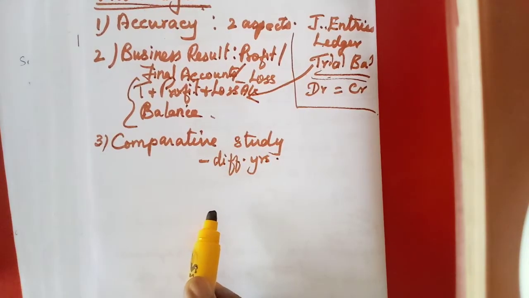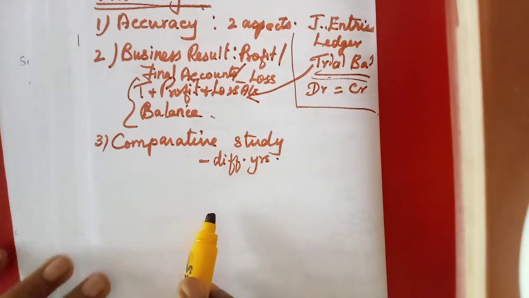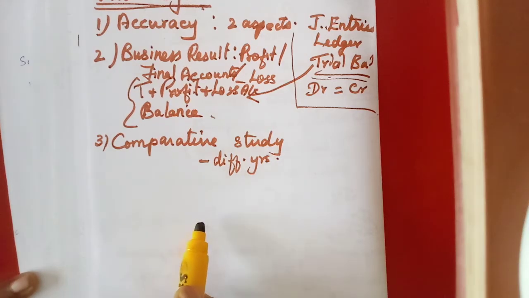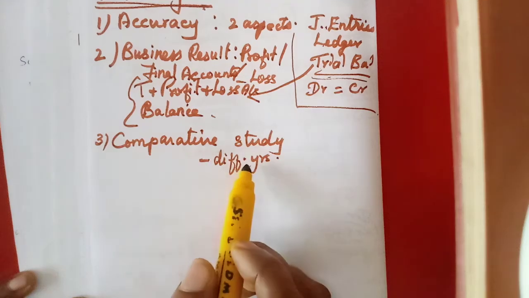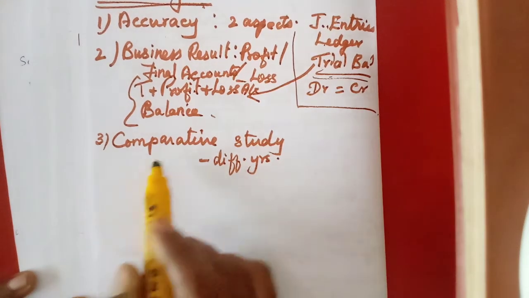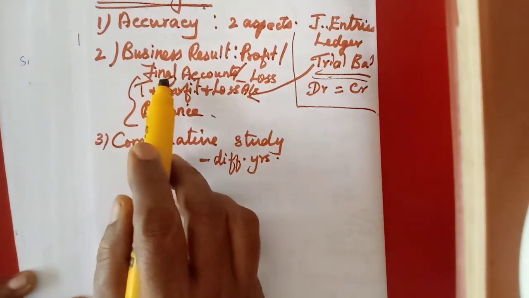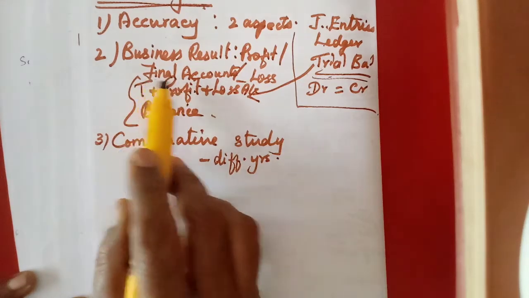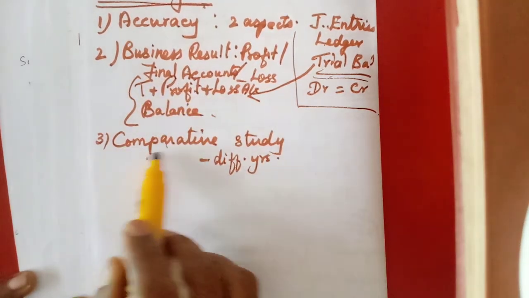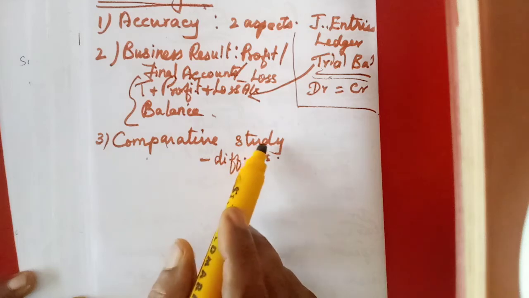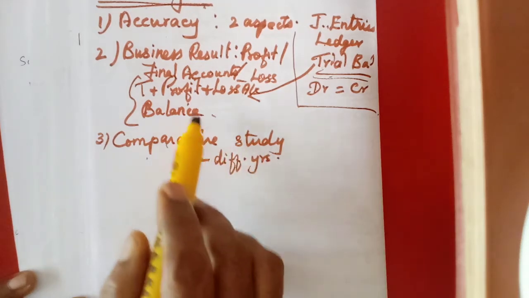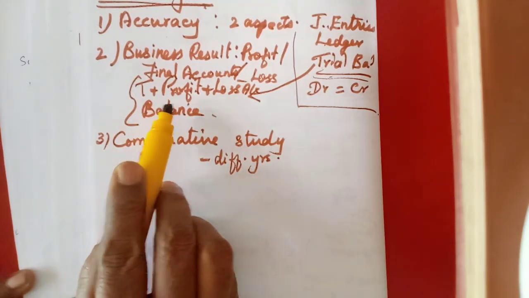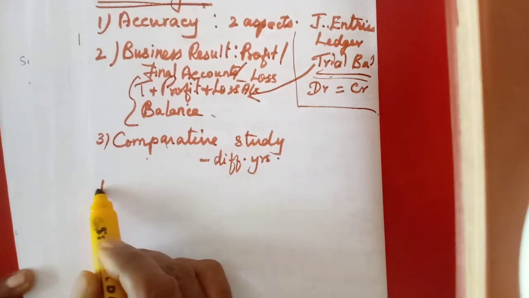The previous years' balance sheet will be compared with the current year's, and the management can take some decisions or controlling measures. So if we have these financial statements or the final accounts, only then can they do comparative studies. So comparative study is possible because we prepare the accounts in the double entry system.